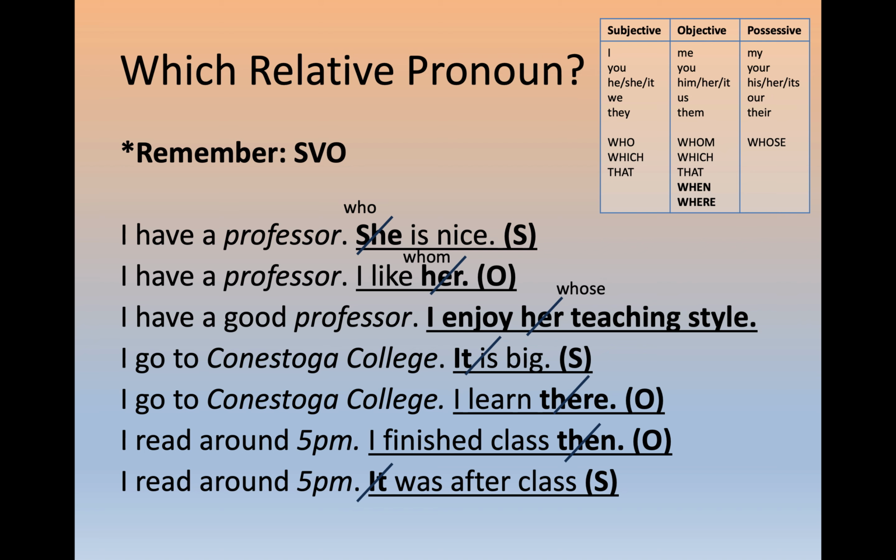It is the subject and it's a thing. Which or that? I learned there. There is the object and it's a place. Where? I finished class then. Then is the object and it's a time. When? It was after class. It is the subject and it's a thing. Which?